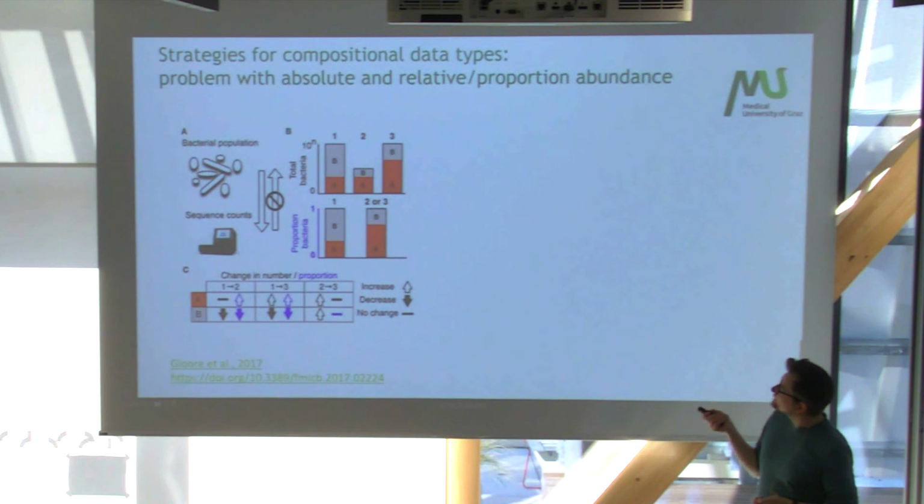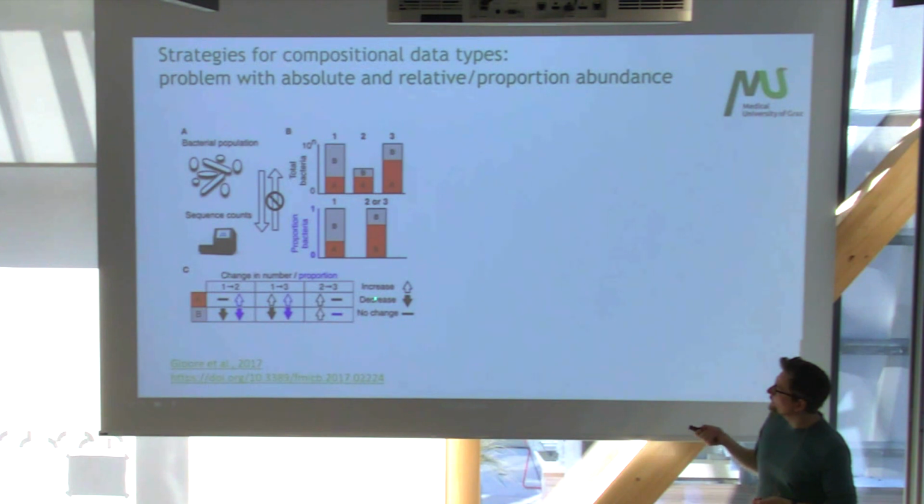You see that the total bacteria are always different, but when we sequence the data, we only have this proportional view, and then sample 1 looks almost the same, but samples 2 and 3 are really different. Species A, for instance, would look the same. And this is a problem, right?